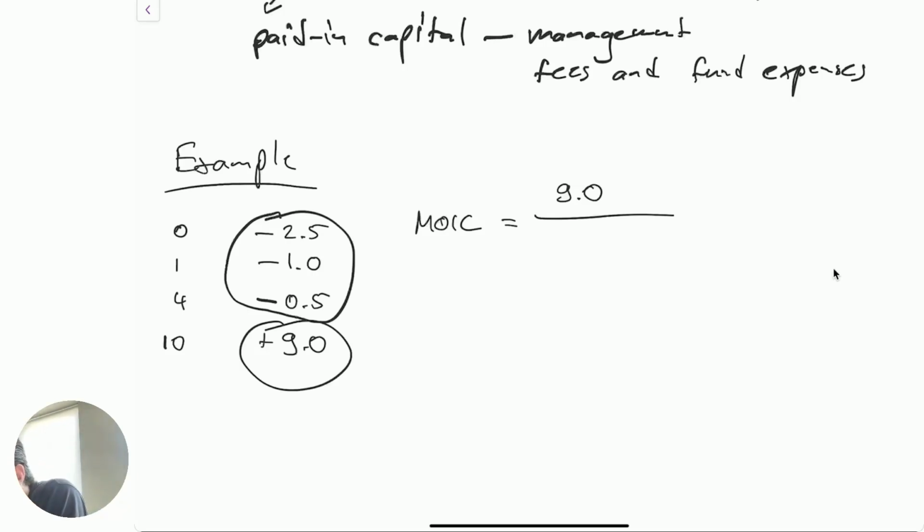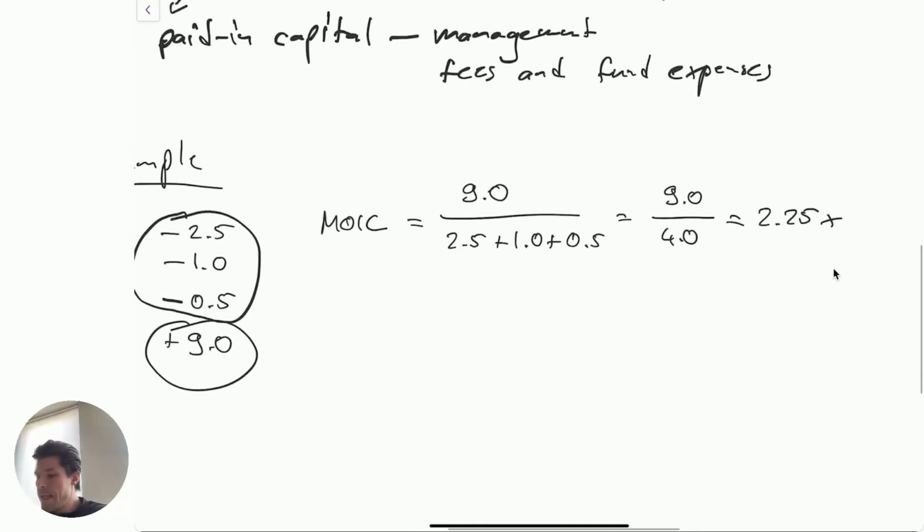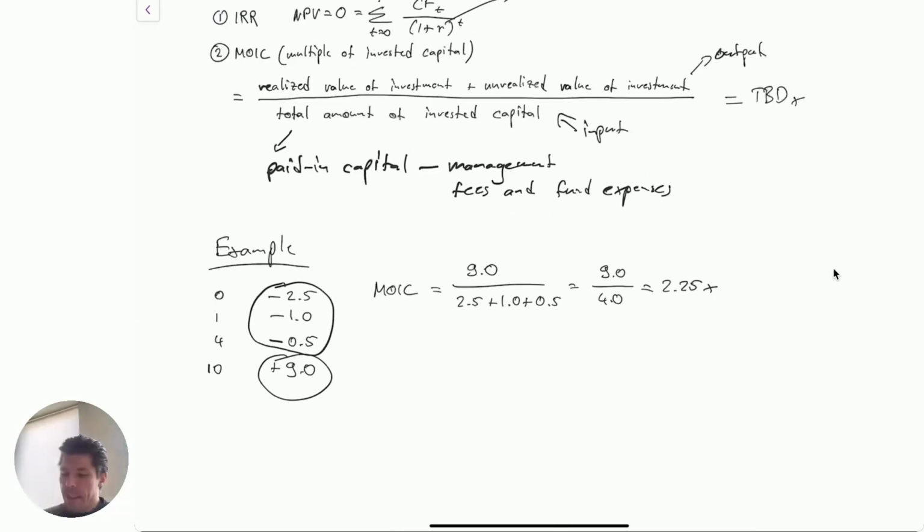And then what we have put in is 2.5 plus 1 plus 0.5, which is 4. So you have 9 over 4 equals 2.25x. So this is your multiple. It's not as accurate because it doesn't tell you about the timing.